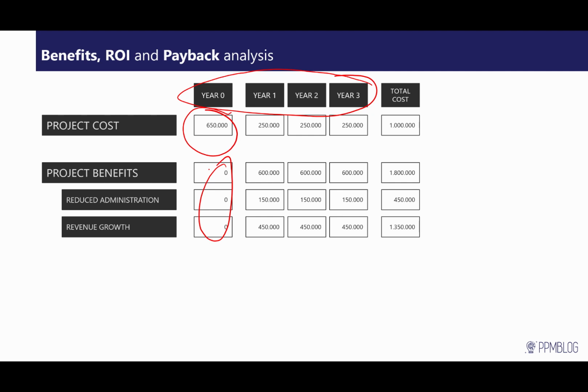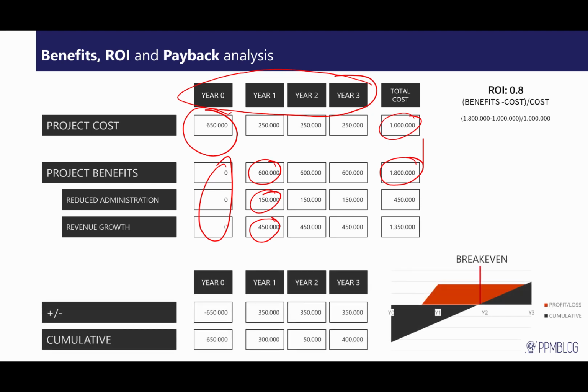But in year 1 we are planning on a total sum of 600,000 in benefits from growth and reduced administration costs. And that all rolls up into a total benefit of 1.8 million, which is obviously then later compared to the 1 million in cost. So the ROI in this case would be 0.8. That would be the benefits minus the total cost and divided by the cost. So 0.8.